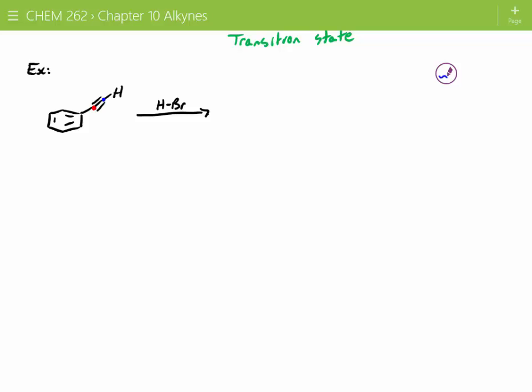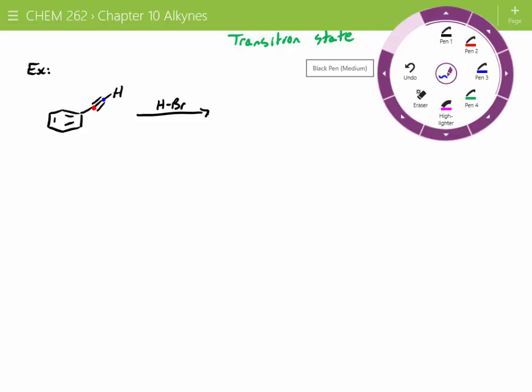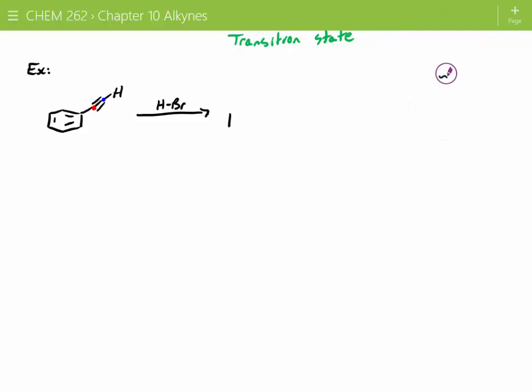The red one, right? We know it's going to do Markovnikov addition, so it's going to add to the red one. And we know that it proceeds through that termolecular transition state. So the bromine will add anti to our hydrogen, and the bromine added to the Markovnikov side, the hydrogen added anti to the bromine. So we're in good shape.